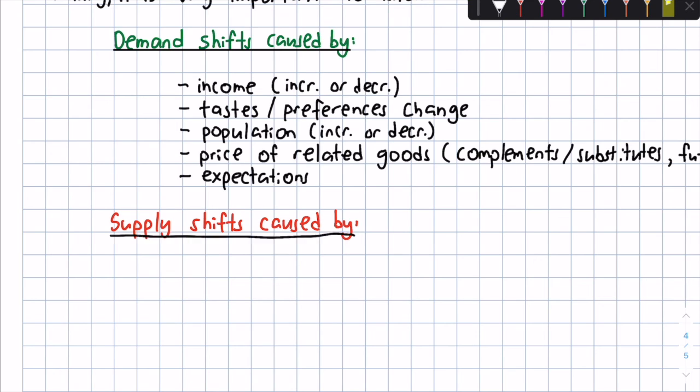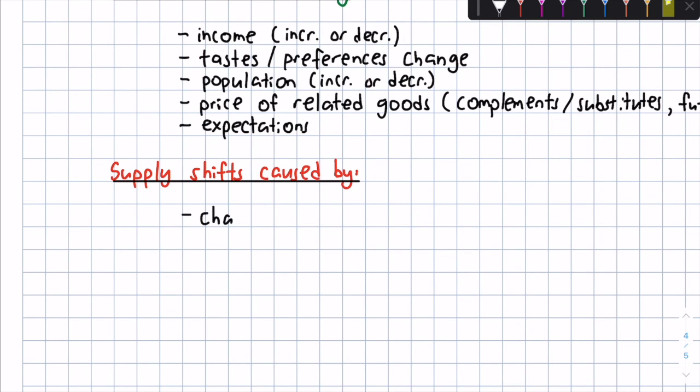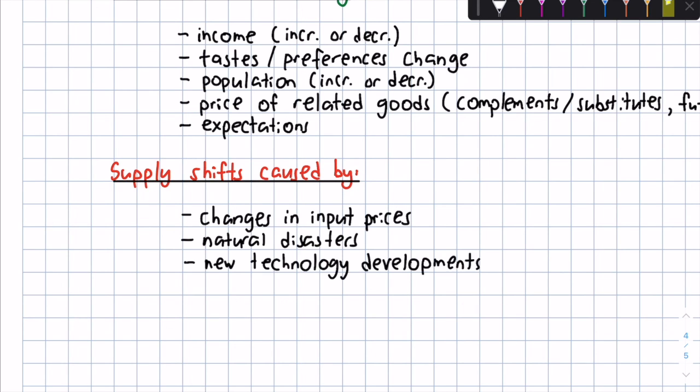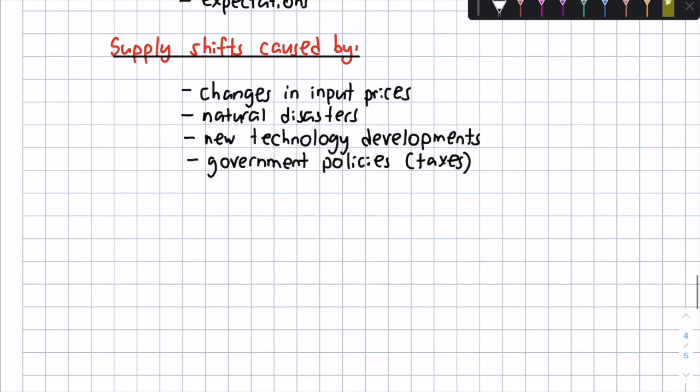Supply, on the other hand, shifts and is caused by changes in input prices to production. Some natural disasters may have impacts on this, new technology developments, and government policies such as taxation.